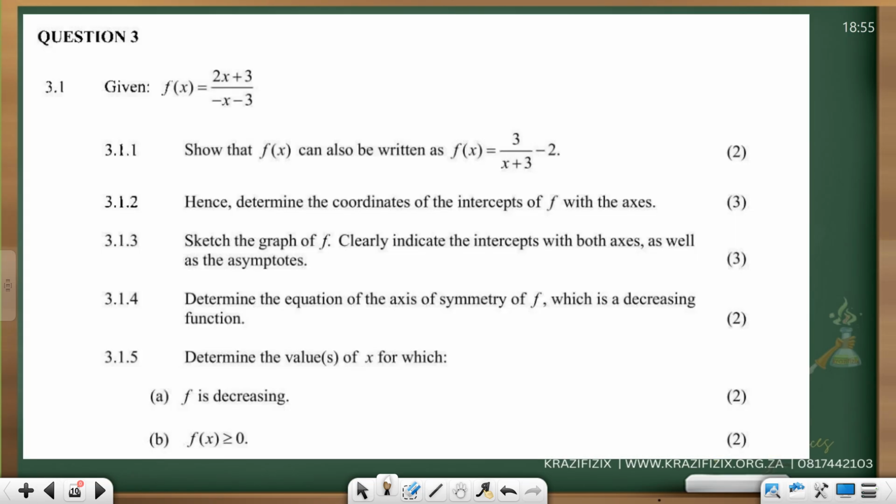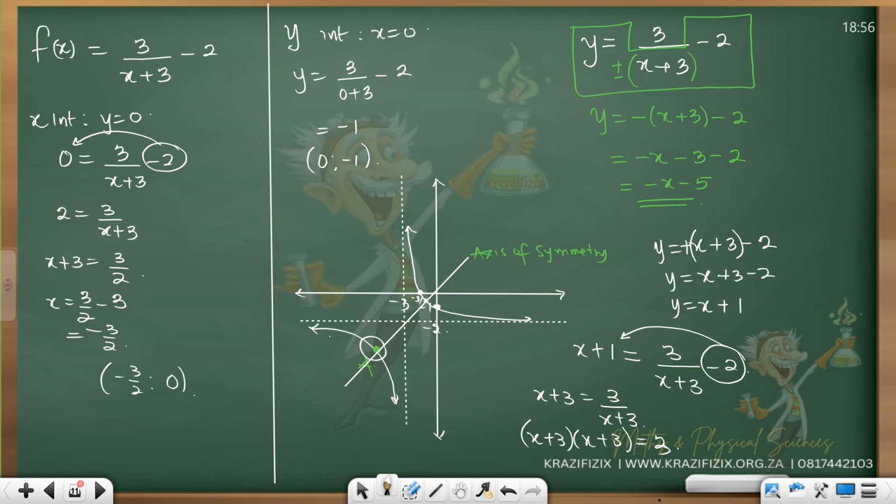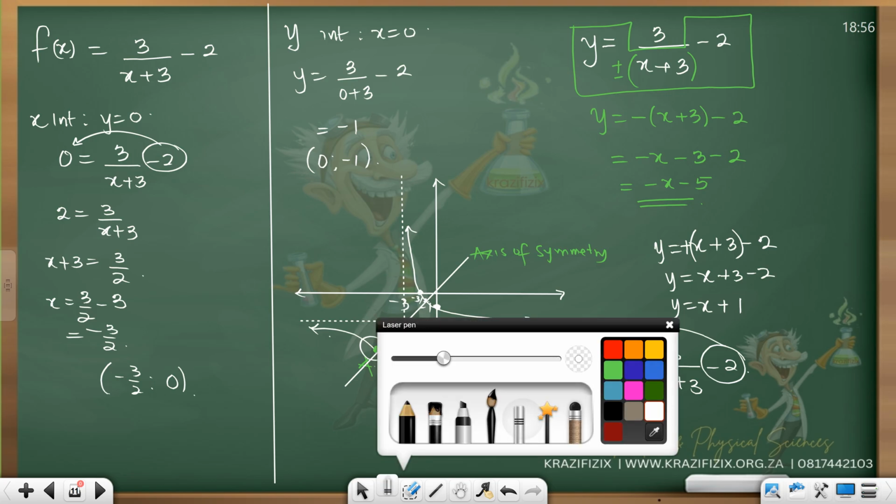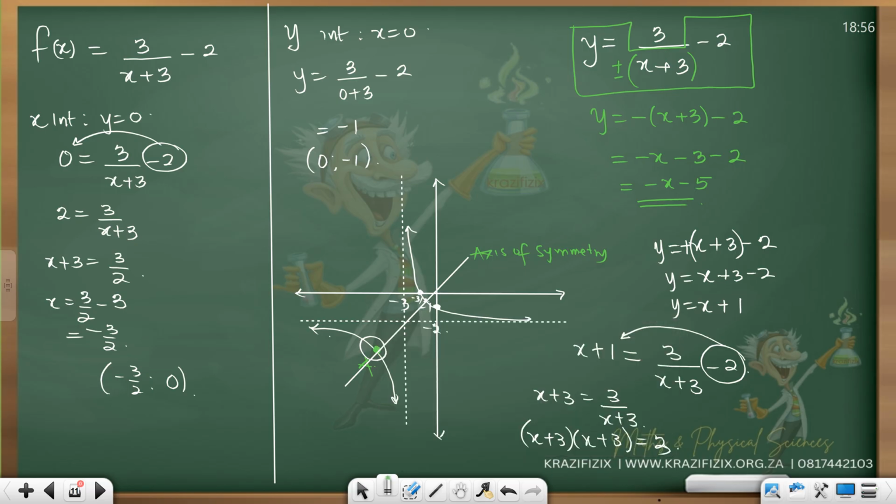What does it mean when we say f of x is decreasing? Let's look at it again. It says determine the value for which f is decreasing. Where is f decreasing? Anybody? Somebody share answers with me here.